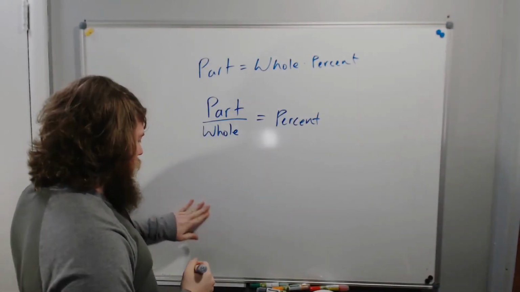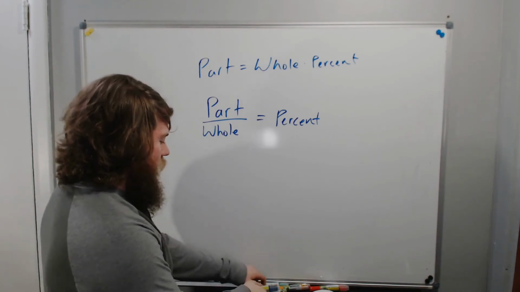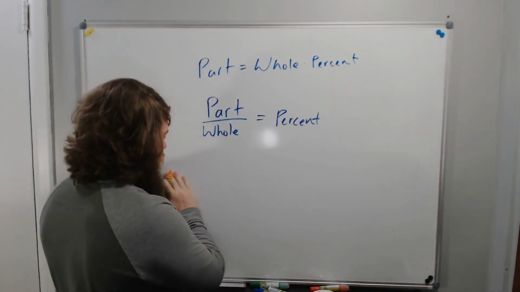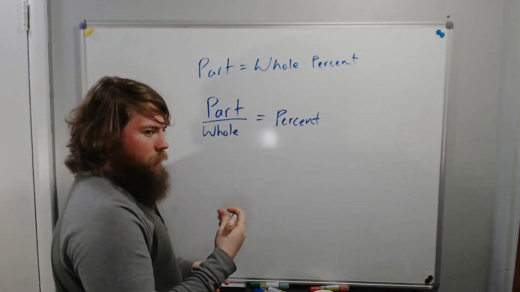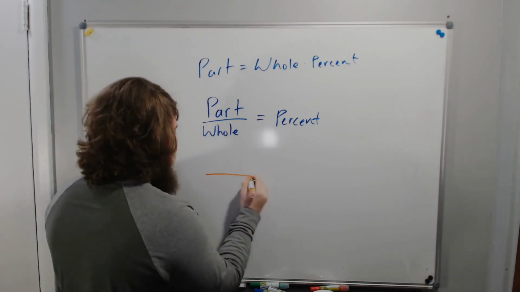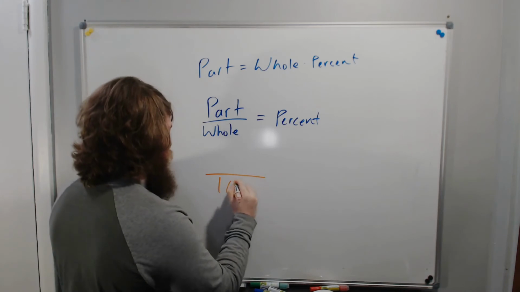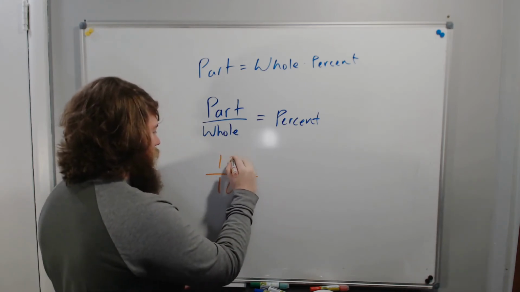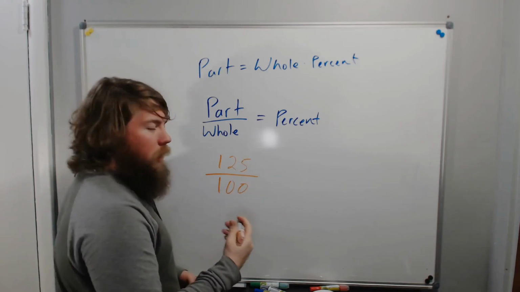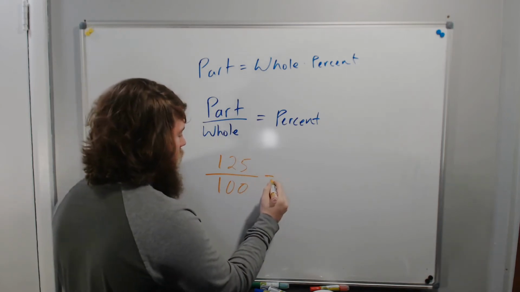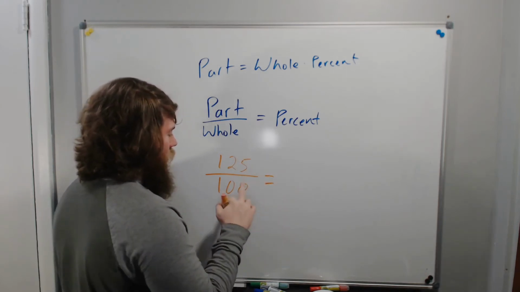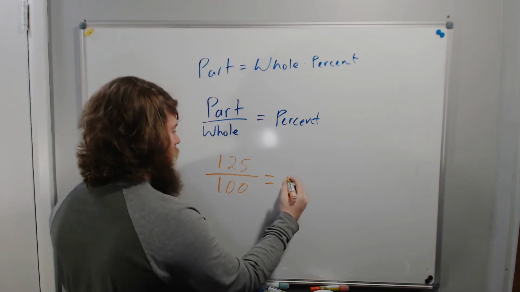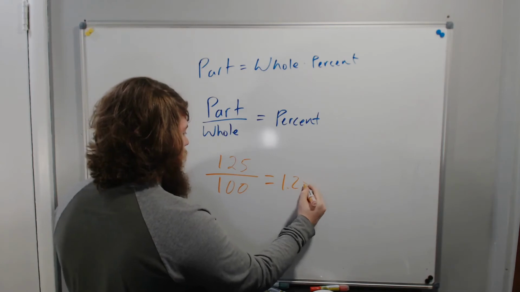So now, let's go ahead and fill these in. They told us that 100%, or the whole, is just 100 squares. And we have 125 squares colored in, or shaded in. So 125 divided by 100 gives us 1.25.